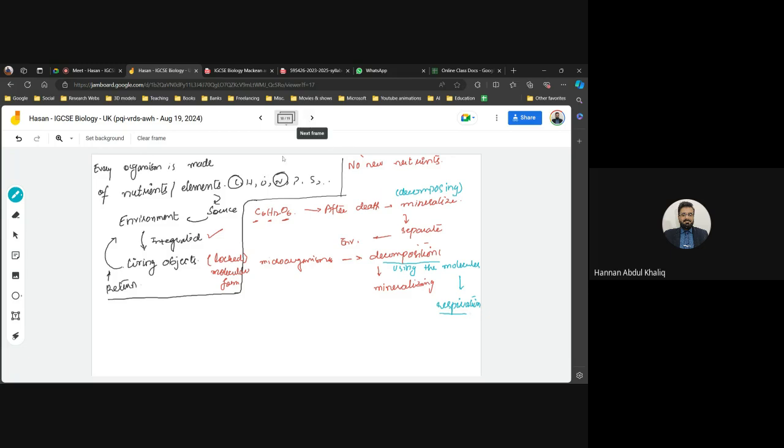When we talk about the nutrient cycle, always remember that a nutrient goes through three major steps.